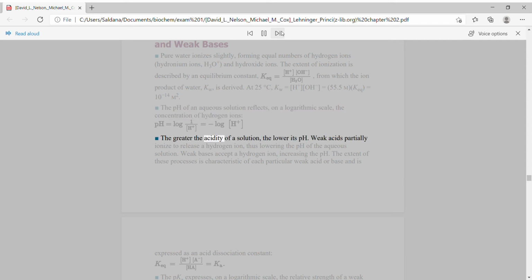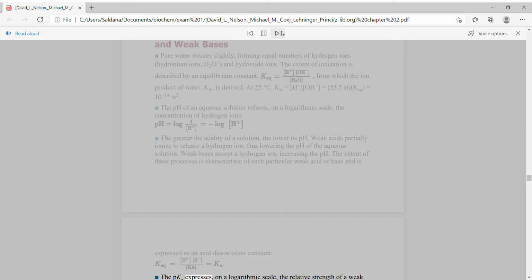The greater the acidity of a solution, the lower its pH. Weak acids partially ionize to release a hydrogen ion, thus lowering the pH of the aqueous solution. Weak bases accept a hydrogen ion, increasing the pH. The extent of these processes is characteristic of each particular weak acid or base and is expressed as an acid dissociation constant.